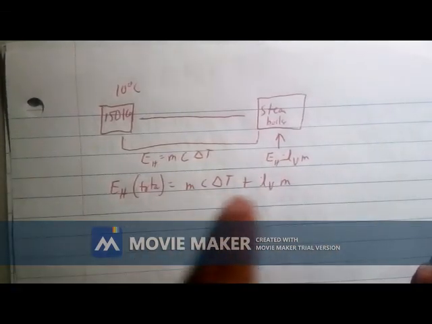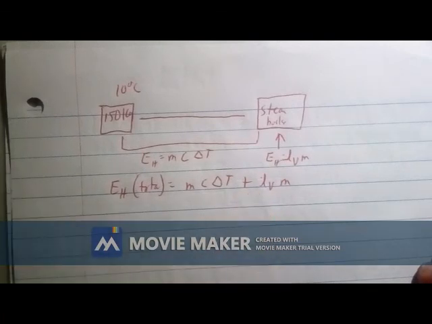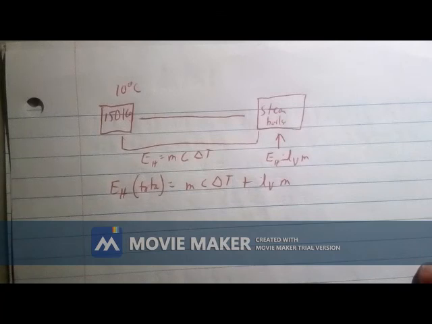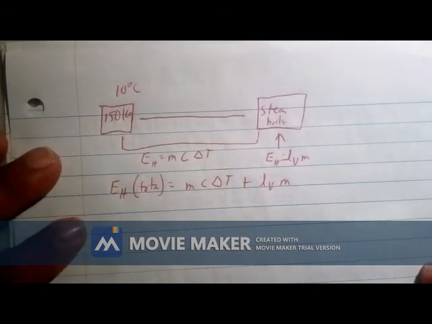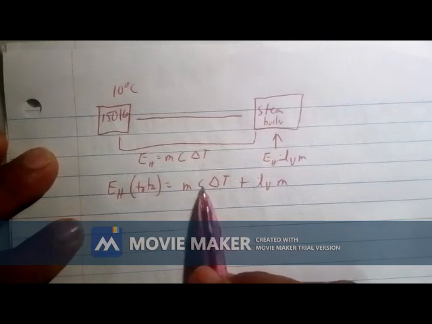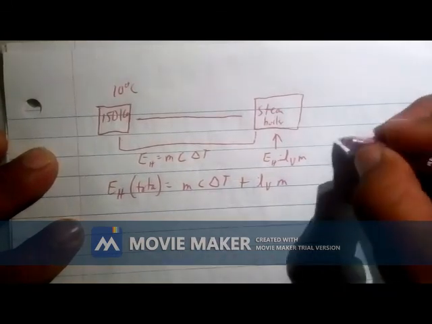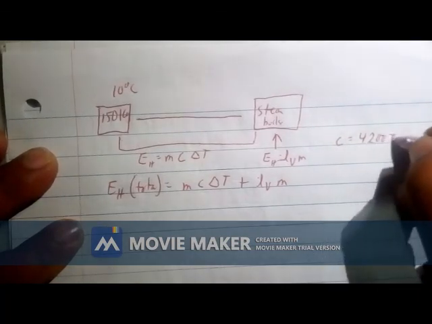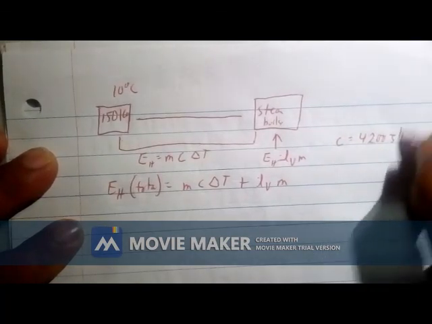Notice how the equation can get more complicated. We could factorize out the m if we want, or we can leave it there. That's up to you. So what is it that we know? We know that the specific heat capacity of water is 4200 joules per kilogram Celsius.